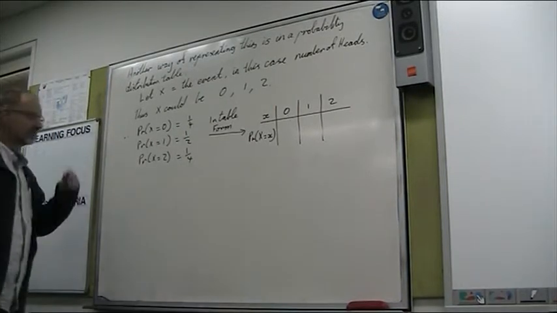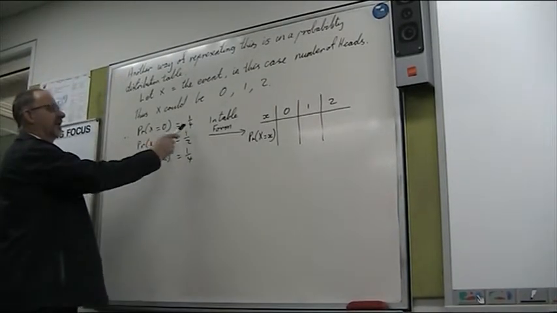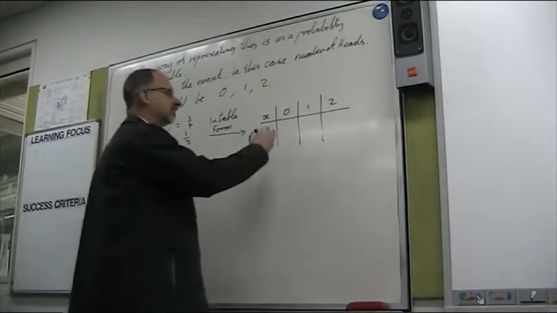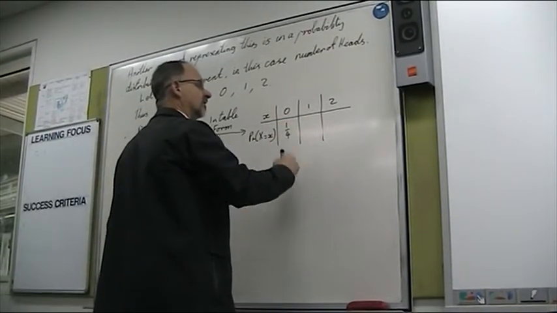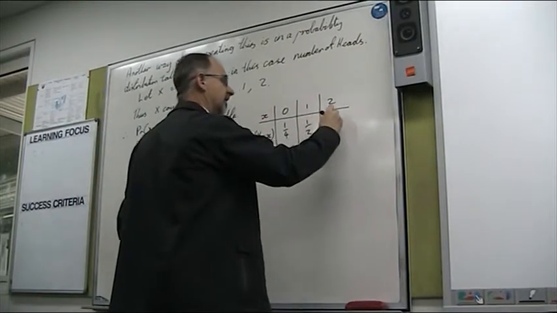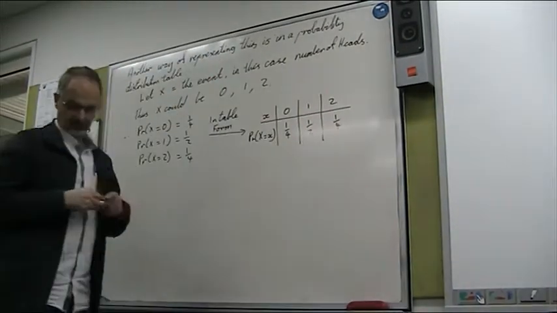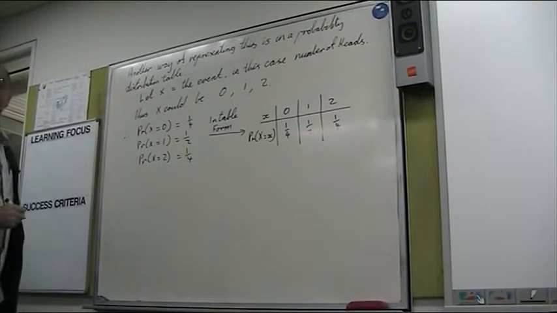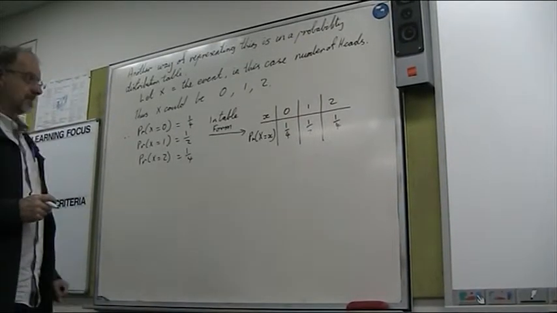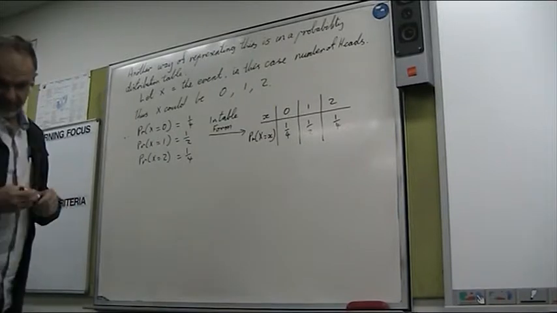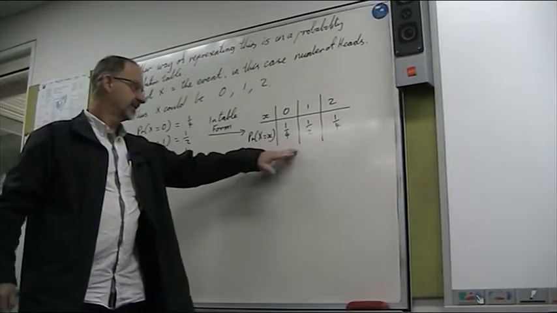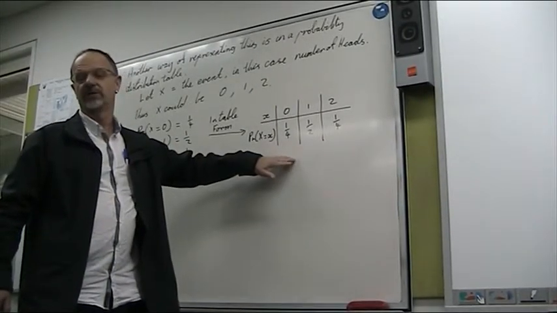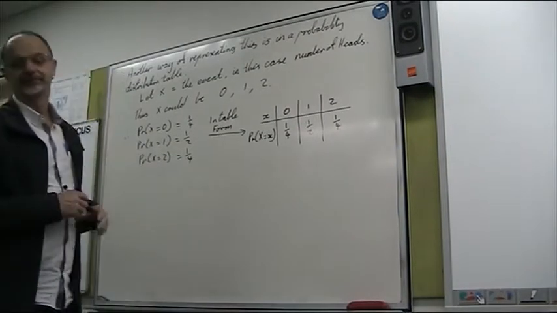So in the table, we know the probability of no heads is a quarter, half here, and then a quarter. Alright. There are other ways, it could be a graph as well, but this is the most common way of doing it.